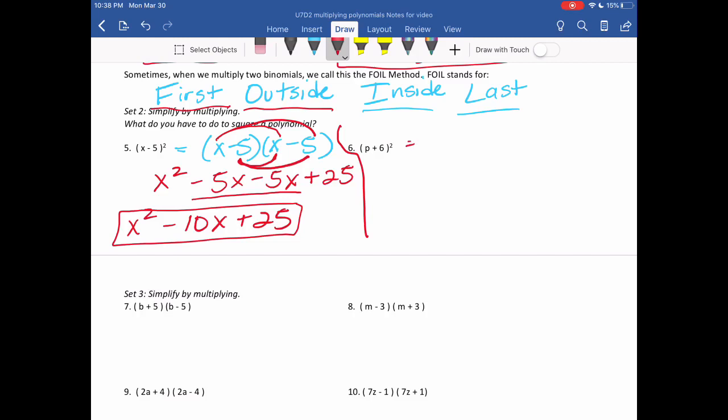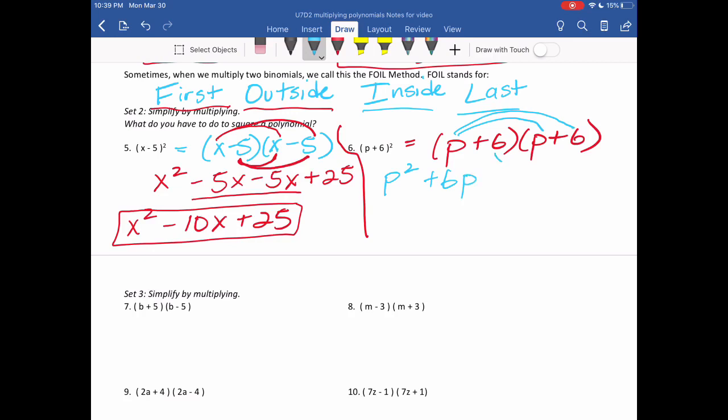I'm going to go through it real fast. Again, when I square a binomial, I have to write it out twice. When I square anything, I write it out twice. And then I got to multiply using the FOIL method. First, outsides, insides, last. So p times p is p squared. Outsides are going to be this p and this 6, so 6p.